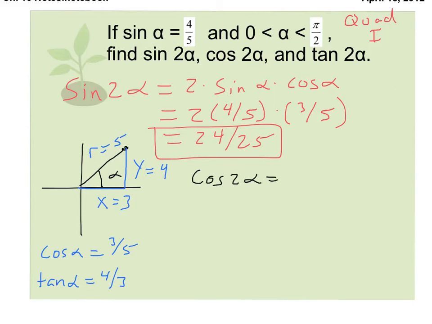Cosine of 2 alpha is really not a lot different. We have 3 different forms here that we can pick from, and in this problem it really doesn't matter a whole lot. You've got 1 minus 2 sine squared of alpha; that's the one I'll go with. We were given that sine of alpha is 4/5, so I'll take that squared.